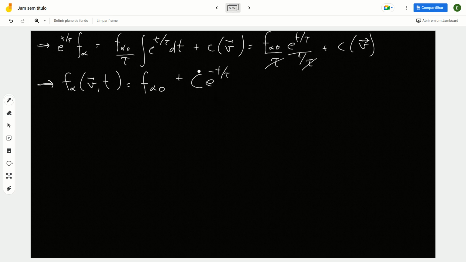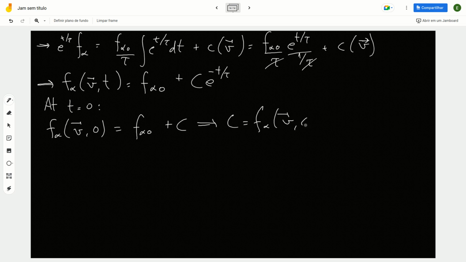Okay, to compute the constant at t equal to 0, we have f(v,0) equal to this, right? So we get c equal to this, and then I will just use this in here and obtain f(v,t) is equal to f0. Oh, this is a function of v.